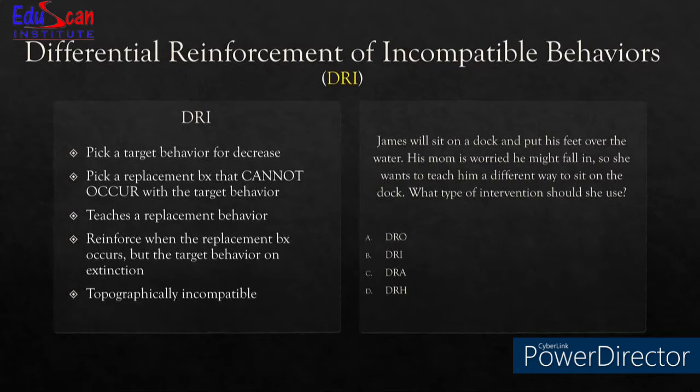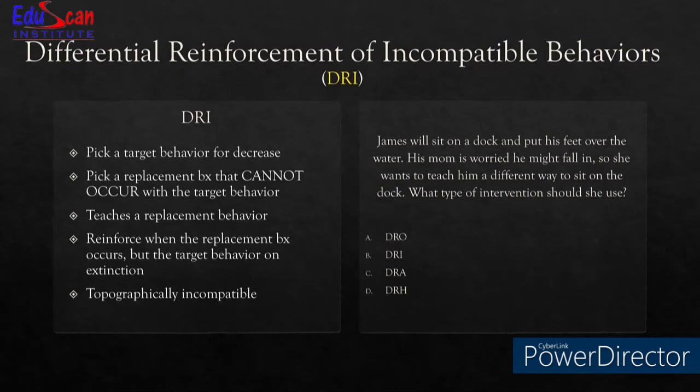Another example of differential reinforcement of incompatible behavior is if the child is pinching other children in the class and the teacher does not want this behavior to exist and wants to decrease it. The teacher says the replacement behavior is putting the hands locked with each other.